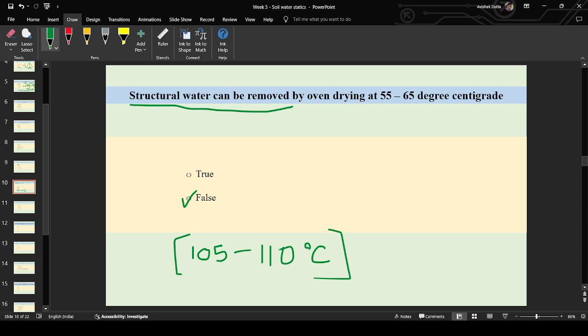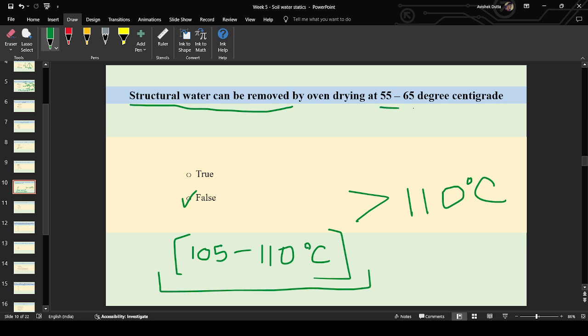There was a question in one of the previous lectures where I mentioned that if we go beyond this temperature, more than 110, then there is a chance that the chemically bonded water might get released. So it has to be more than 110 degrees centigrade. This is the right range we follow while oven drying, and less than this is nowhere near the temperature we need to oven dry a soil sample.